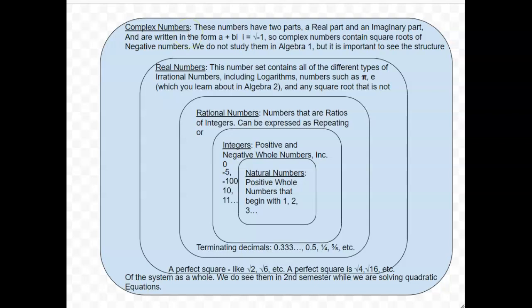You cannot locate them on the x-axis of our coordinate plane. All of these other numbers you can locate on the number line, but you cannot locate a complex number, okay? Complex numbers contain a part that is the square root of a negative number, okay? And we'll talk more about that next semester.